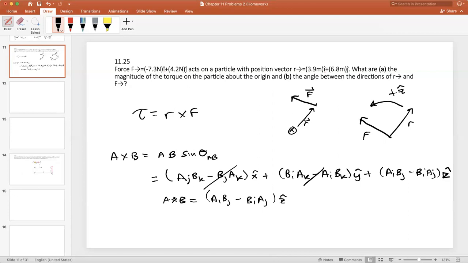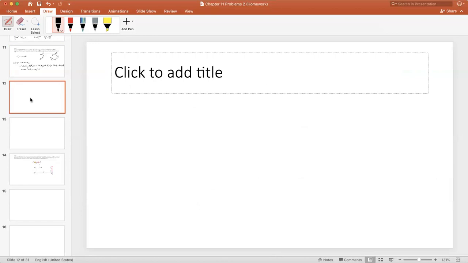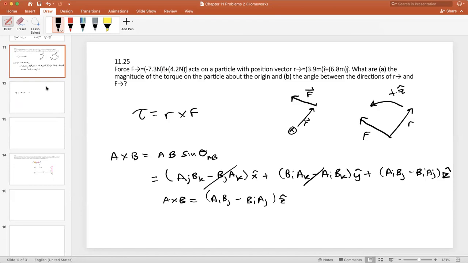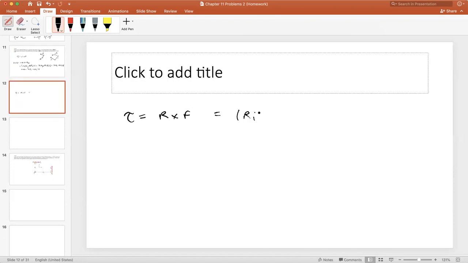So let's find that really fast. For part A, we want the magnitude of the torque. So the torque is R cross F. That means we want specifically RI FJ minus FI RJ, and that will be in the Z hat direction.